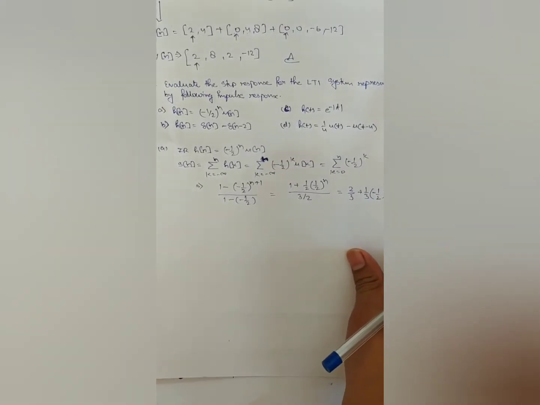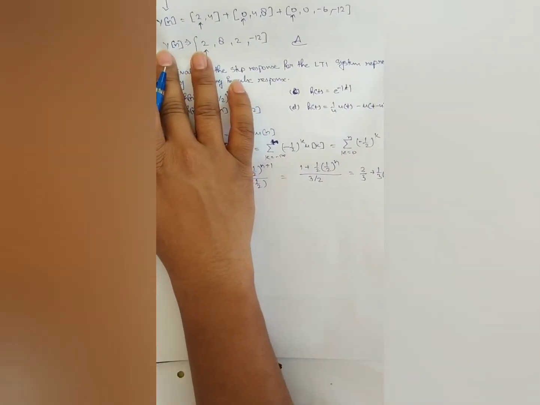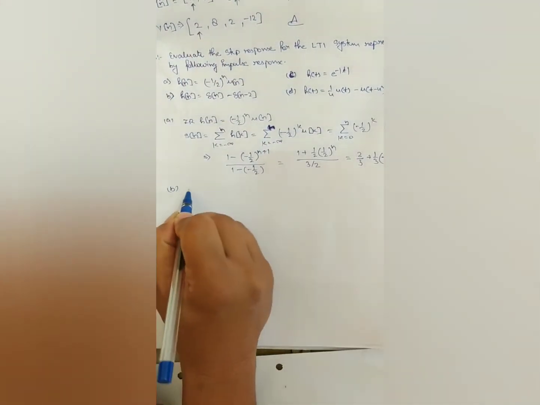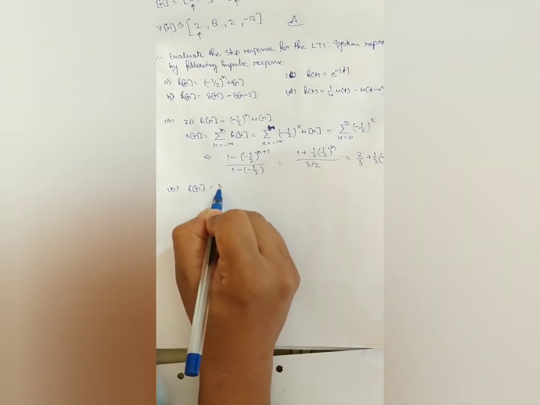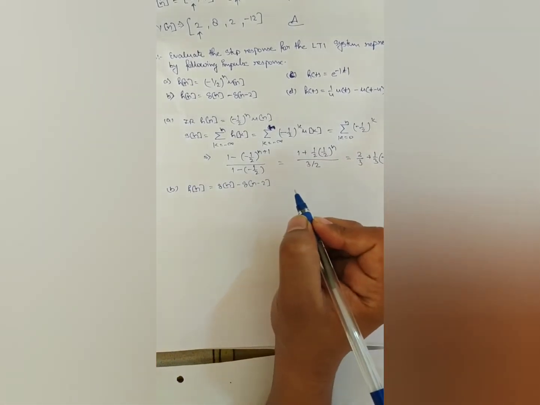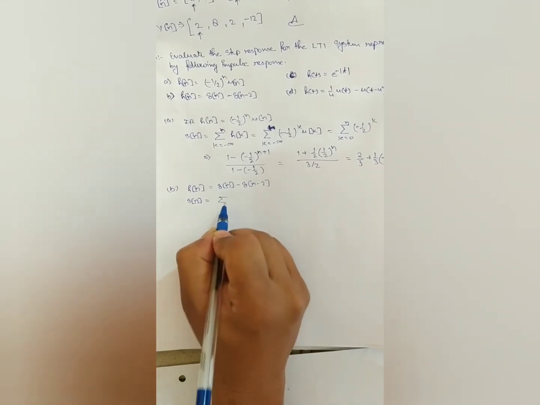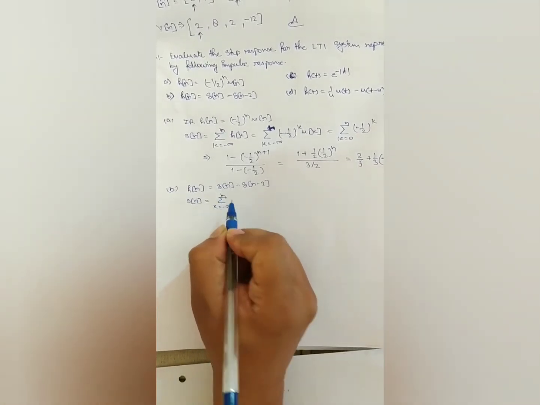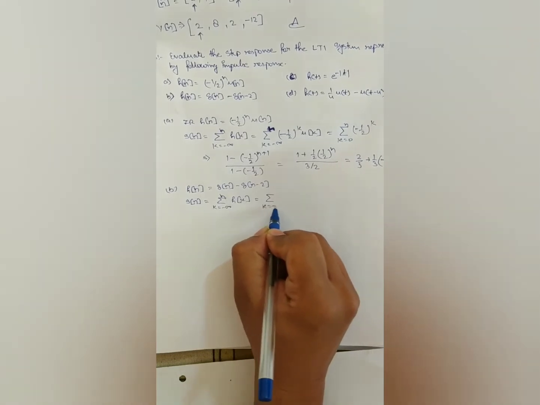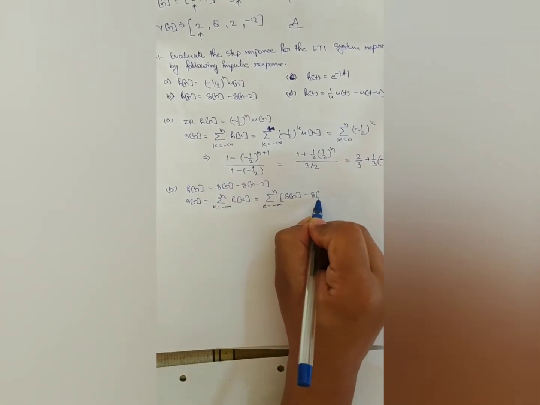Now moving towards the next question, question number B. Here h[n] equals the impulse response δ[n] minus δ[n minus 2], and we know that s[n] equals the summation k moving from minus infinity to n of h[k], where h[k] is δ[n] minus δ[n minus 2].